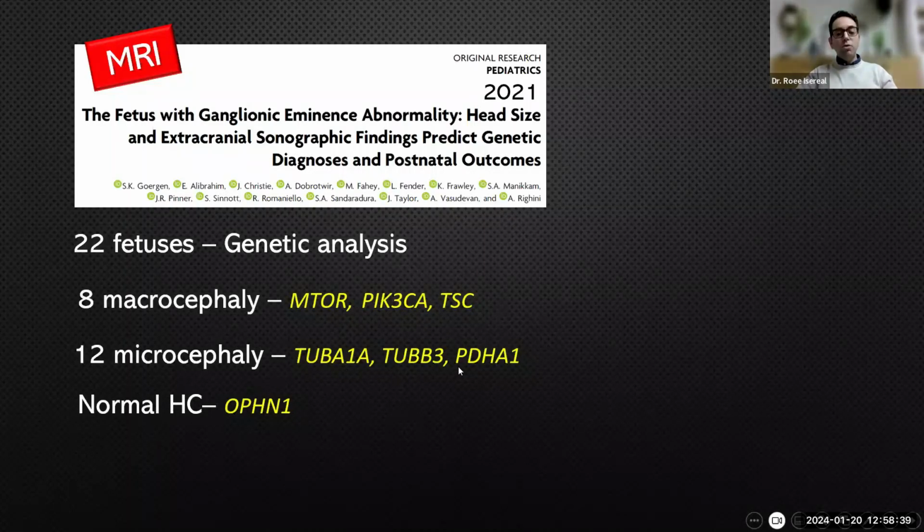They are well-known genes involved in malformation of cortical development, the different tubulinopathies, the mTOR pathway, etc. So again, as you can see, this is a significant malformation, as opposed to the same location, the PVPCs, the germinal matrix during the third trimester, with almost no clinical significance.